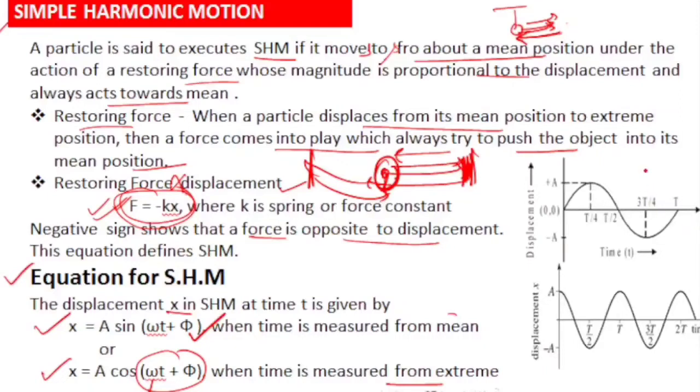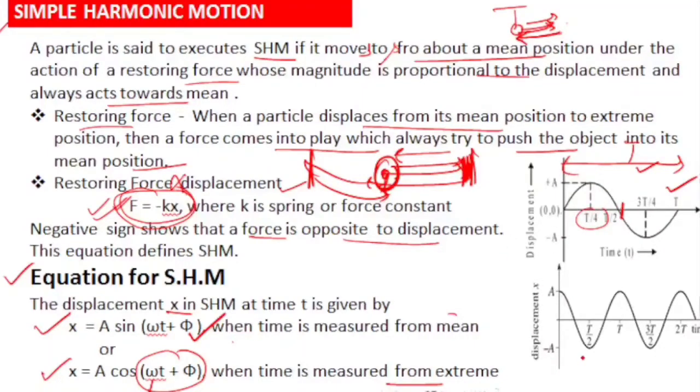These are the displacement-time graphs for sine and cosine functions. If time starts from the mean position, you have to use sine omega t plus phi, and this is the graph for sine omega t plus phi. It completes one cycle after time capital T. Half cycle is T by 2 and one fourth is T by 4.